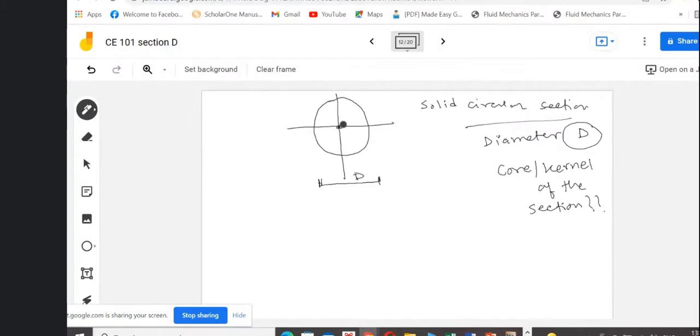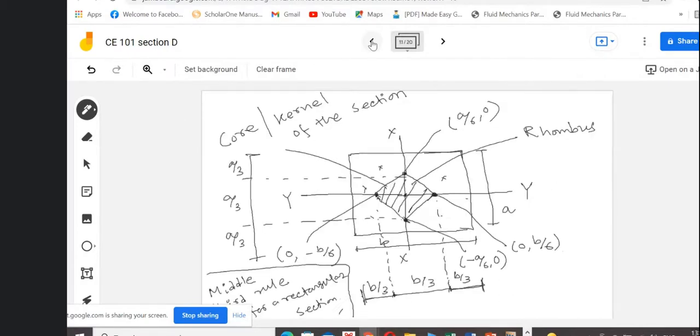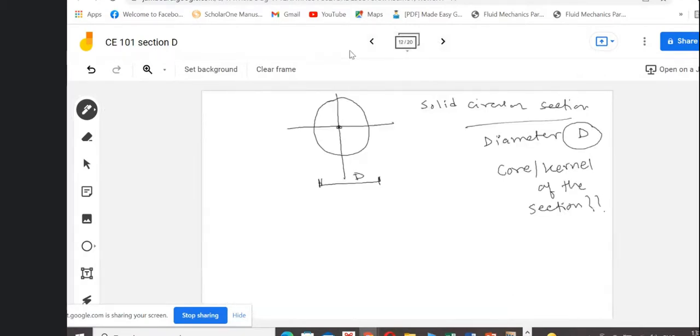If the circular section is of diameter d, what will be the core or kernel of the section? So how can we proceed? What is the formula we have to use?